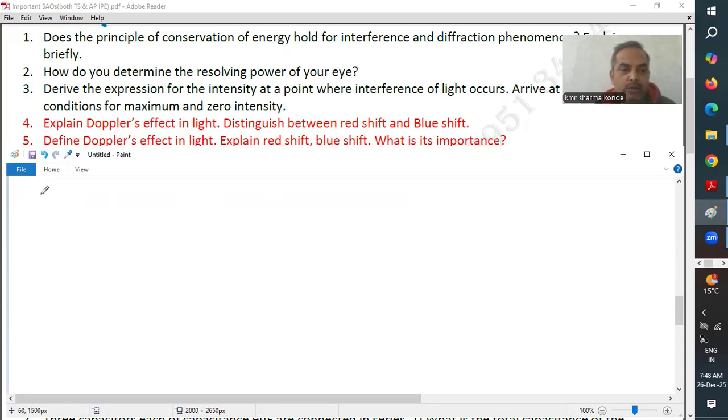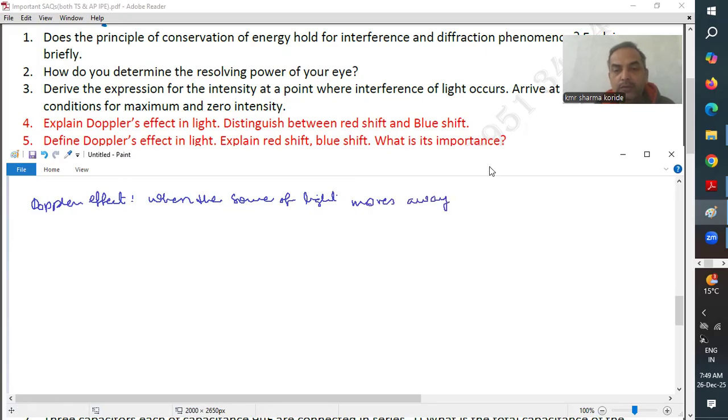So when the source of light moves away or towards an observer, it appears that when it moves away, wavelength increases, frequency decreases.